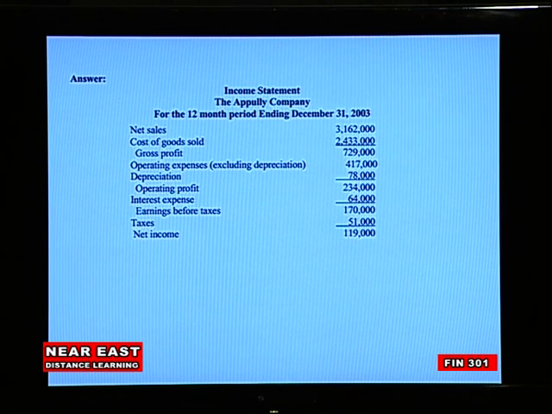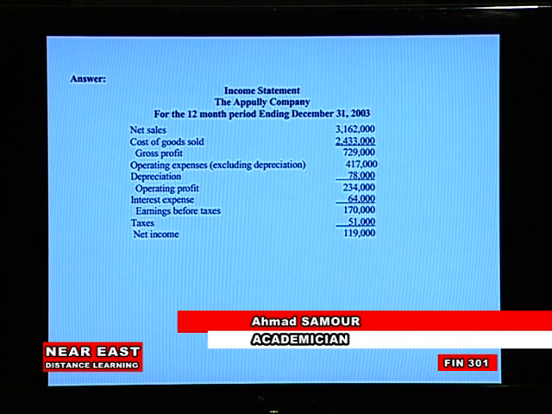The main idea when we prepare income statements is to start with sales. After that, we subtract cost of goods sold to arrive at gross profit. After that, we subtract operating expenses to arrive at net income.